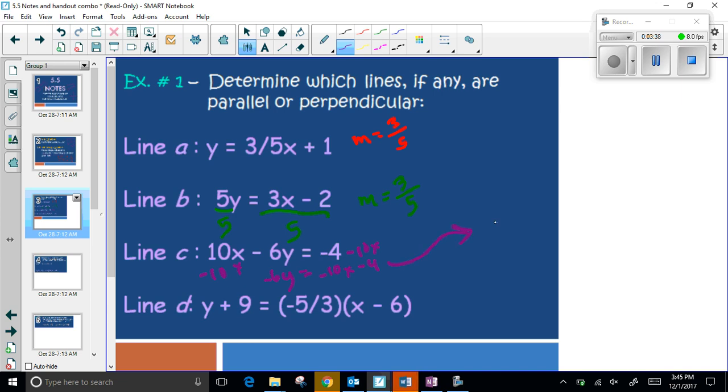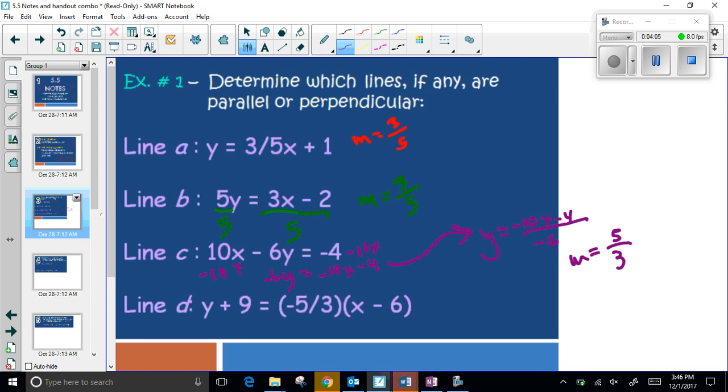And then I'm going to have to divide by a negative 6 on both sides, so I get a negative 10x minus 4 over a negative 6. When I find that slope, eventually it's going to be a positive 5 over 3. So the slope is a positive 5 over 3 because I got a negative 10 over a negative 6.